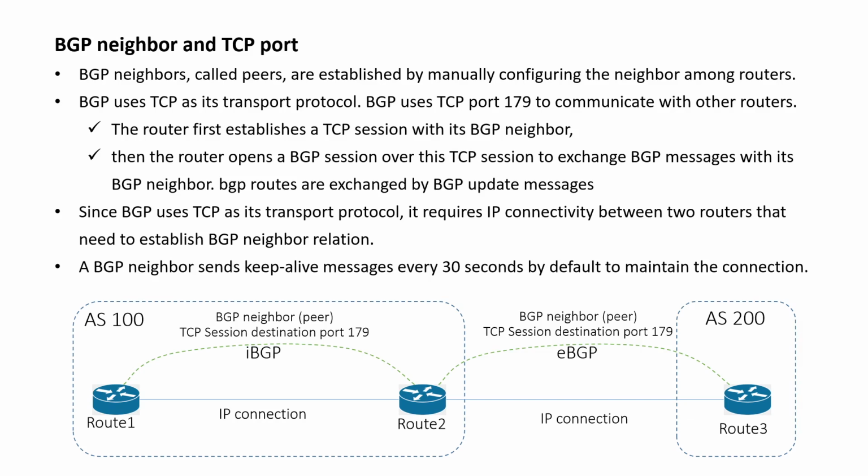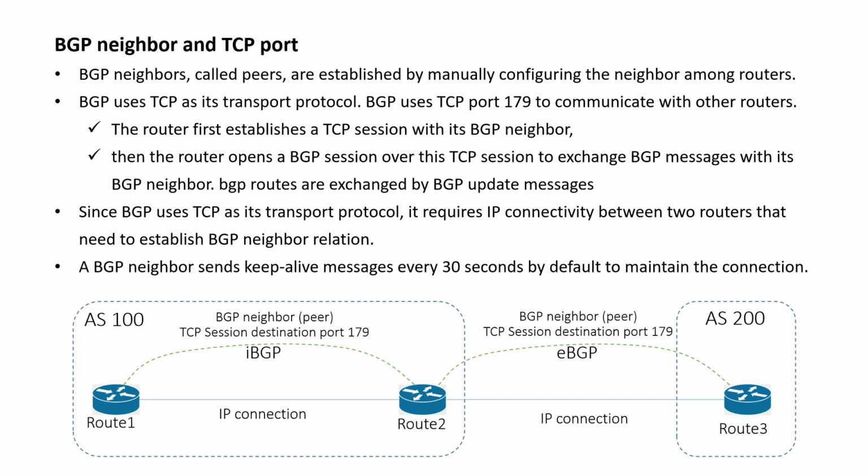The router first establishes a TCP session with its BGP neighbor, and the destination port is 179. Then the routers open a BGP session over this TCP session to exchange BGP messages with the neighbor. All the BGP routes are carried by BGP update messages and exchanged between neighbors.